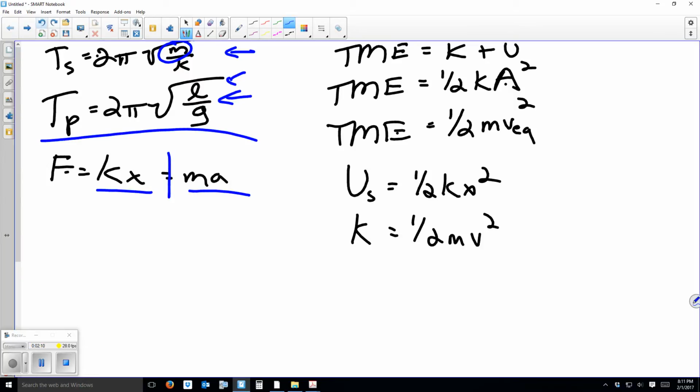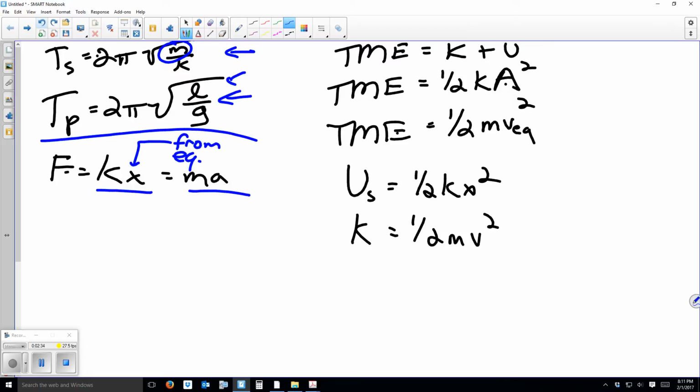Everything else is, but this is not. This is a particular situation where kx equals ma, as long as the spring force is really your only force acting, and you make sure that this x is from the equilibrium position. If you've got a mass on it, make sure that the mass is already hanging at some new equilibrium position.